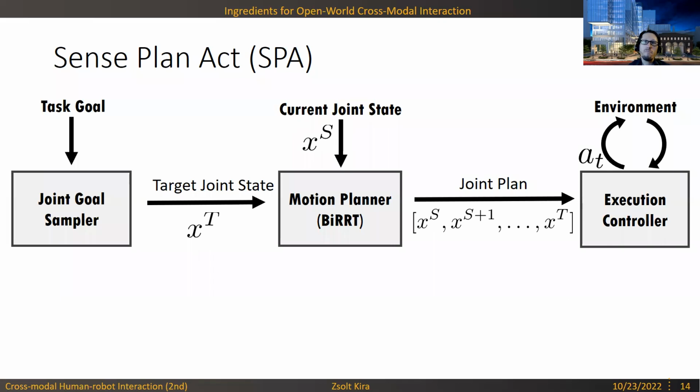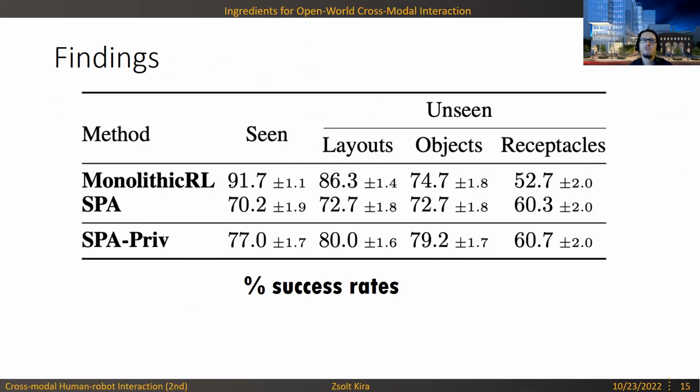And what's cool is we compared reinforcement learning to traditional sense-plan-act methods. Here, these are much more traditional methods that essentially observe the environment, plan out all sorts of possible trajectories through motion planning, such as RRTs, and then execute those through low-level controllers.